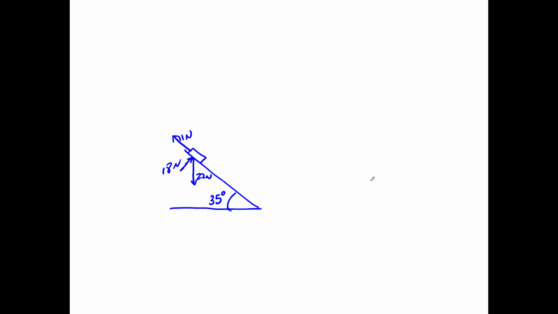So if I draw a free body diagram, I have gravity going down. At an angle, I have 18 newtons. That's what we call the normal force, which is the force perpendicular to the surface.